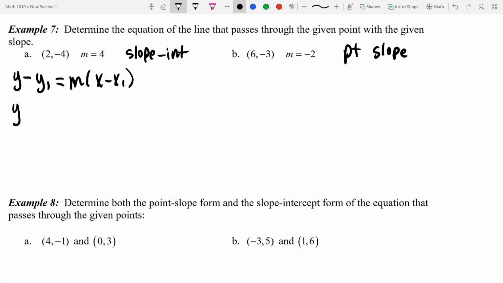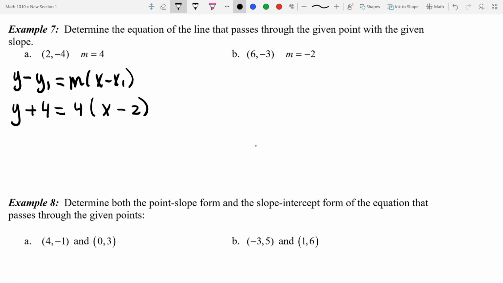So y minus the y value, that's minus a negative 4, which is plus 4, is equal to the slope, which is 4, times x minus the x value, which is 2. I'm actually going to switch it. Make this one point slope, and make this one slope intercept. You have to know the difference, or else you're not going to write it correctly.